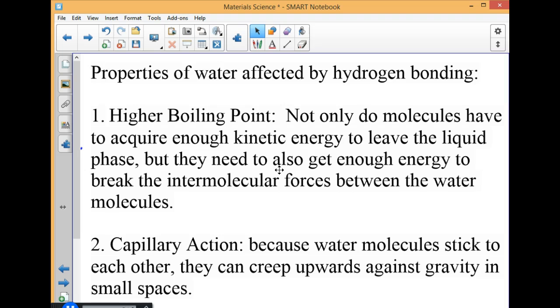Water has amazing properties, and those properties can be explained using hydrogen bonds.